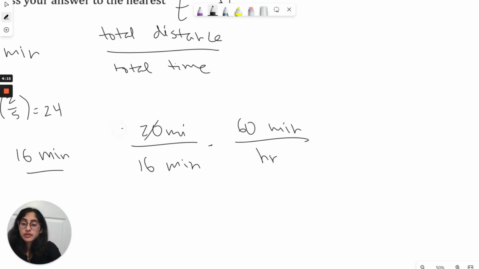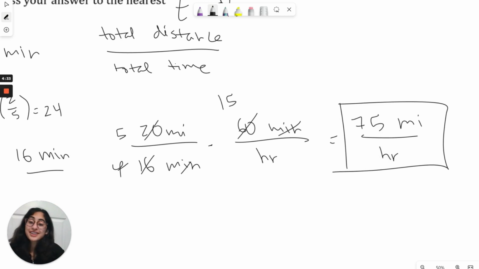We can simplify that to 5/4. And then 60 over 4 is equal to 15. So this ends up being 5 times 15, which is 75 miles per hour, because these minute units cancel out. So she ends up traveling at a pace of 75 miles per hour on the way back to make that goal of 60 miles per hour average total.